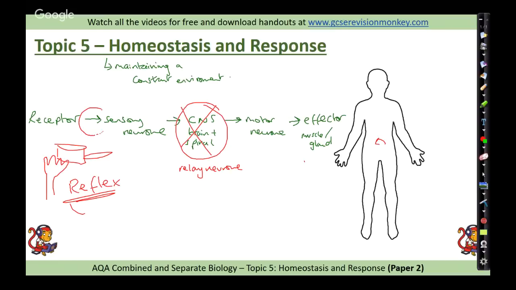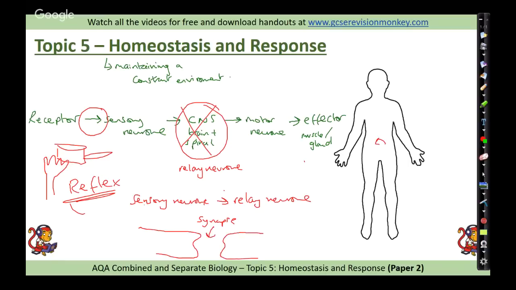At this point here, within a reflex pathway, when the message is being passed from neuron to neuron, so for example, from sensory neuron to the relay neuron, it has to go across a little gap, and that gap is called a synapse. So if I draw one neuron here, just finishing like so, and another neuron here, the synapse is the gap in the middle.